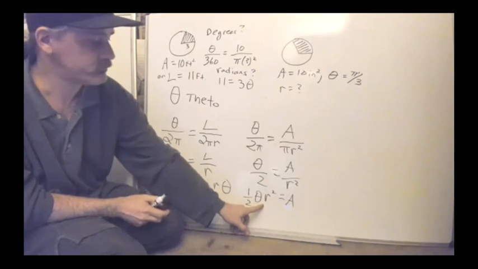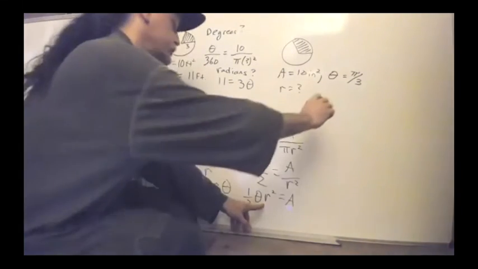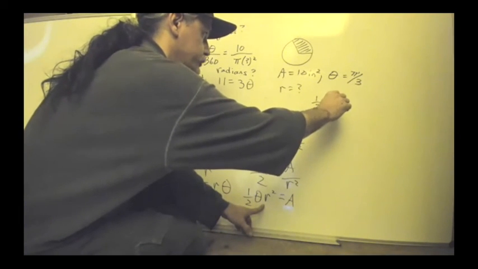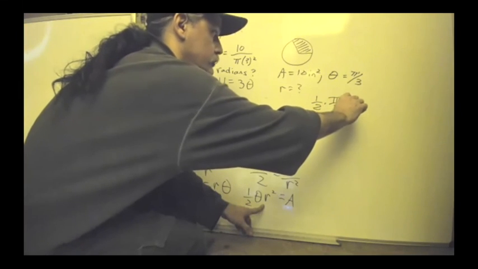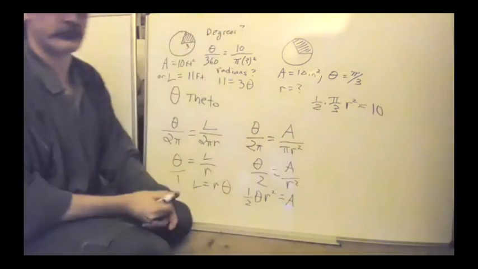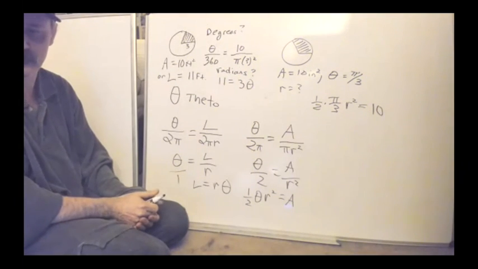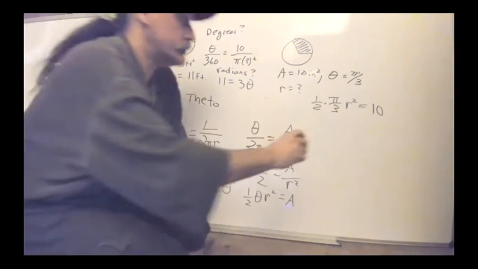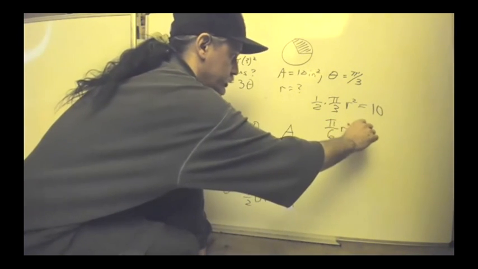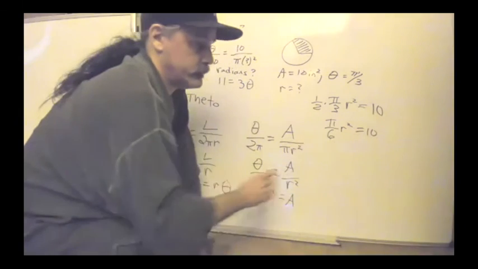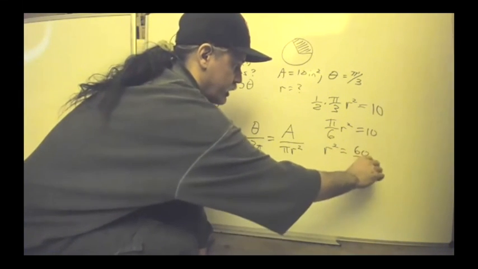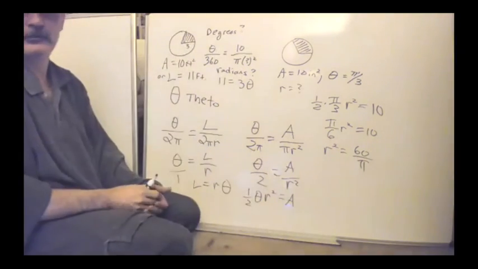Again, we have radians. Okay, so then 1/2 times pi over 3 times r squared equals 10. Now this one I'll solve a little bit more because it's a little more involved. Okay, so then you'll have pi over 6 times radius squared equals 10. And then you multiply by the reciprocal, so this becomes 60 over pi, and then you take the square root.